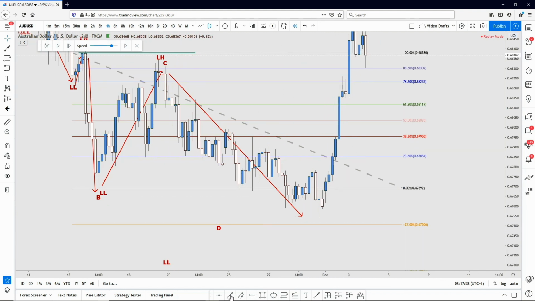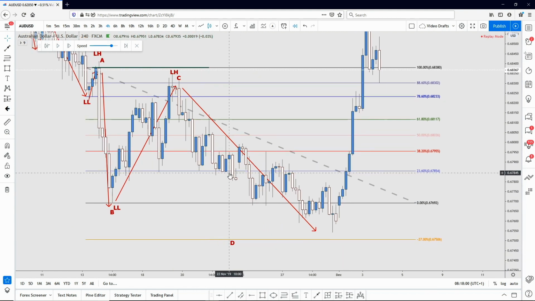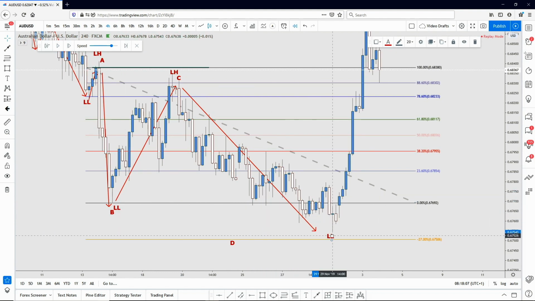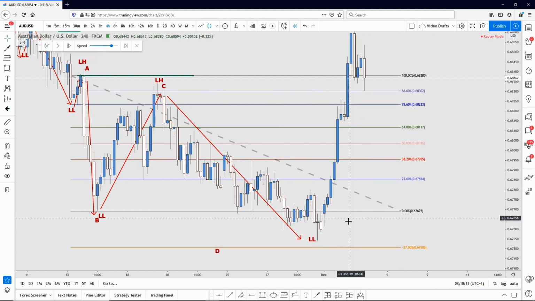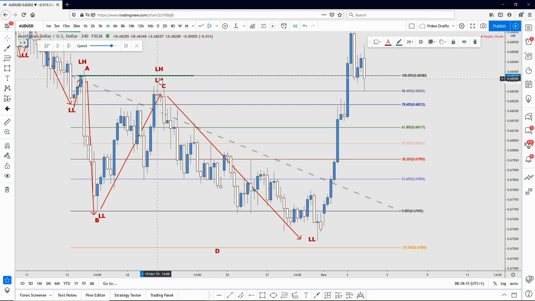And then you can see here, let me just continue drawing. Let me just copy this. This is the new lower low. This was a lower high.